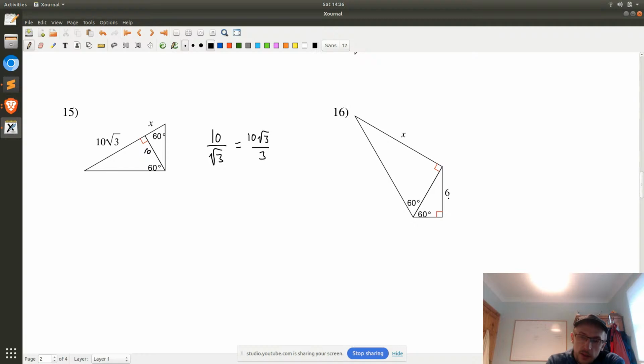And here, instead of being root 3, it's 6. So you have to divide that by root 3 and times it by 2. And then that's 1, and that's root 3. So now I have to times that by root 3. So x should be 12.